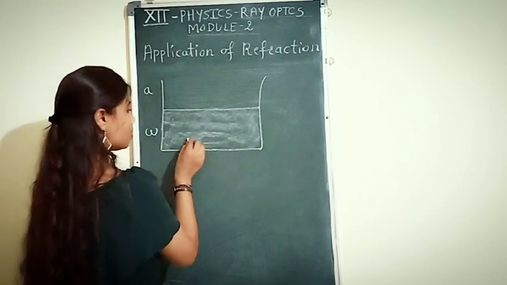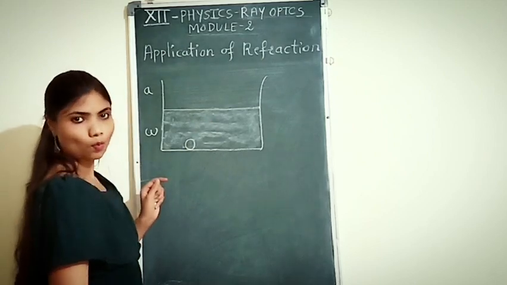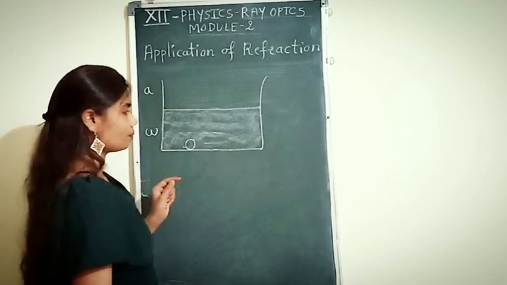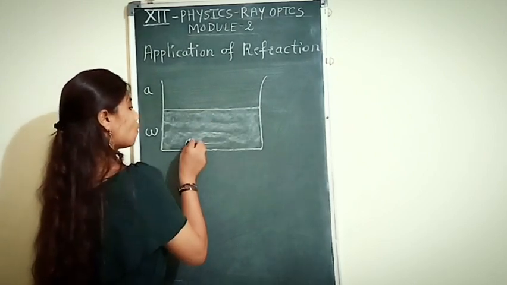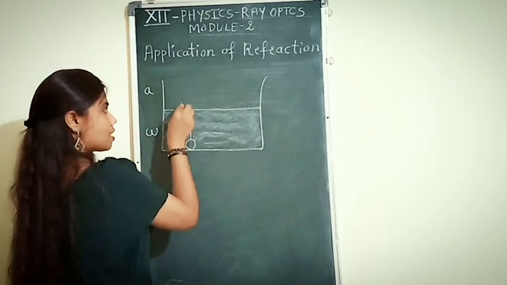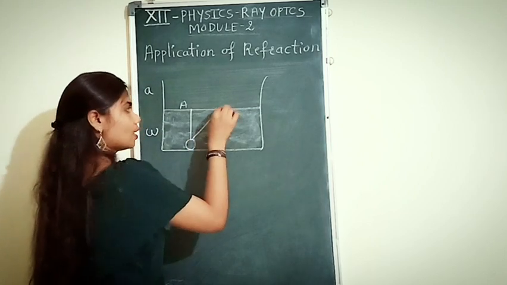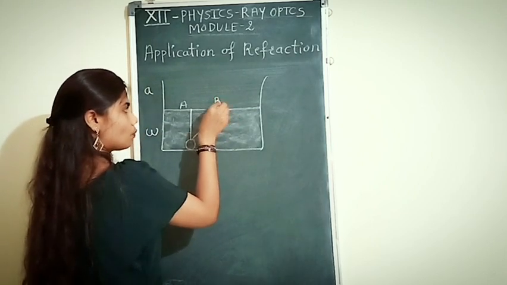I have considered an object O inside the water at the bottom. A ray OA is an incident ray striking the surface at point A, and another incident ray OB is striking the surface at point B.